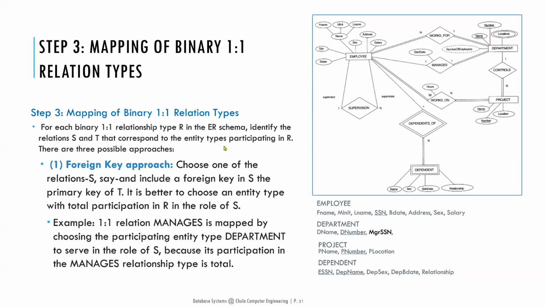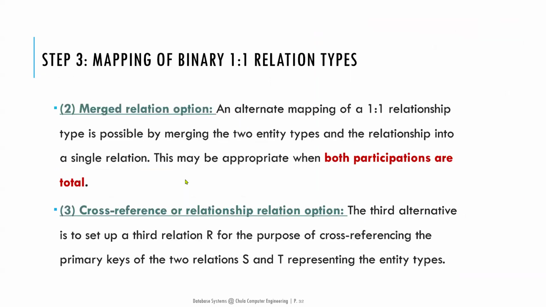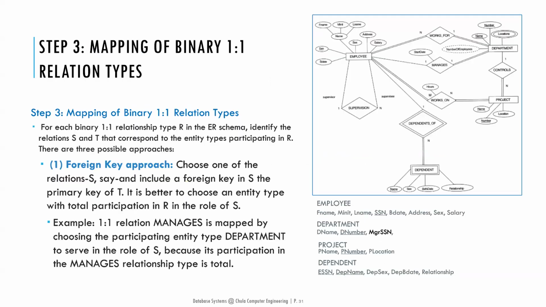What we are doing at the moment is way number 1. All right. I have number 2 and number 3 on the next slide, but let's take a look at how we handle it with this first attempt. For a binary 1-to-1 relationship type R, identify the relations S and T that correspond to the entity types participating in R. And there are 3 possible approaches.